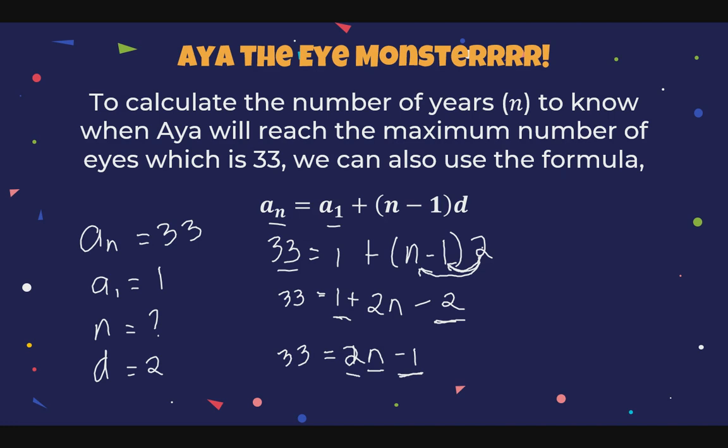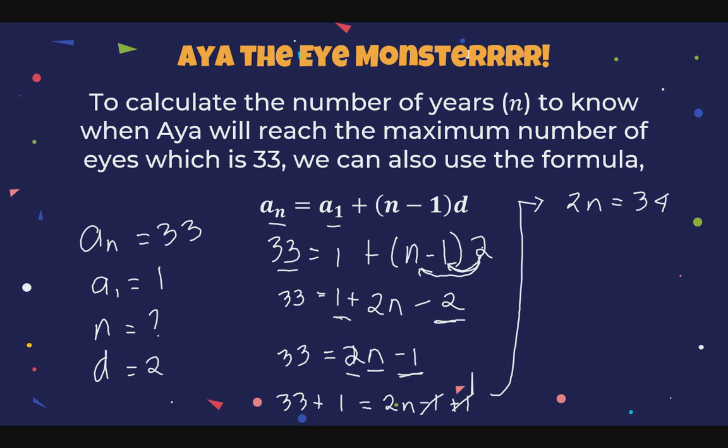So it will be 33 plus positive 1 is equal to 2n minus 1 plus 1. So negative 1 plus 1 is 0. So what will remain is 2n is equal to 34. So 2n is equal to 34 is the same as 34 is equal to 2n.